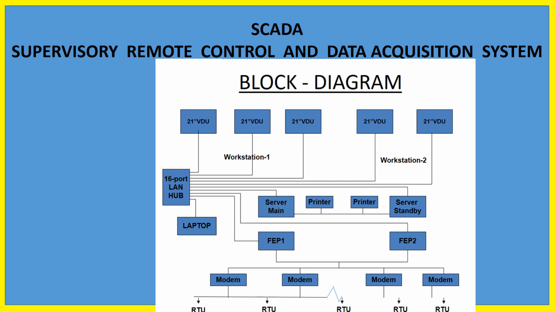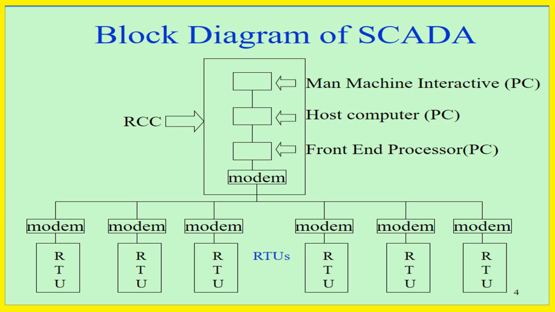That means what you have told it to do and what it has done. So this is the confirmation that the operation is over. So this is the total block diagram of SCADA.